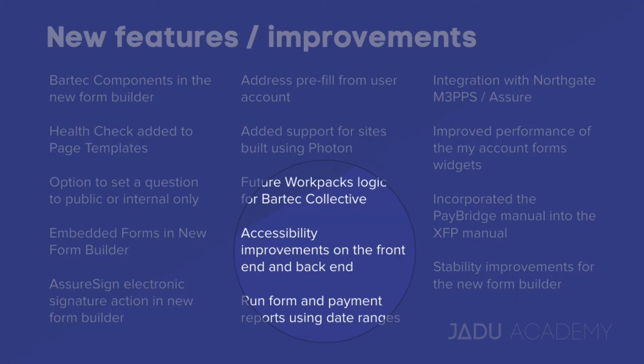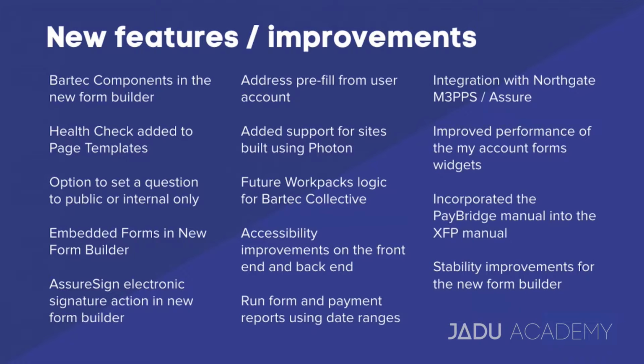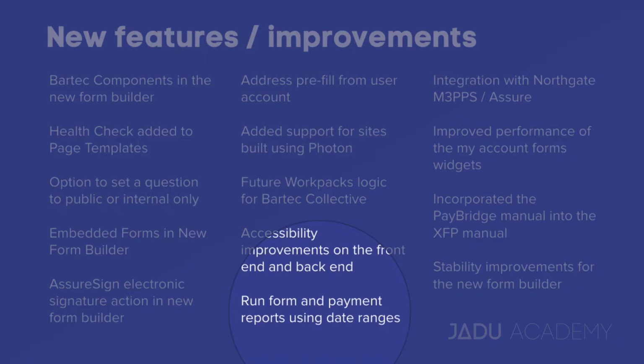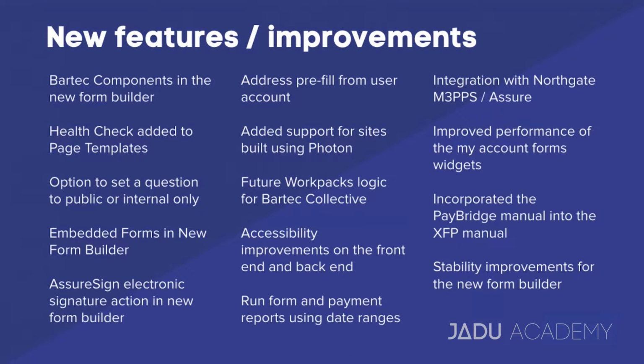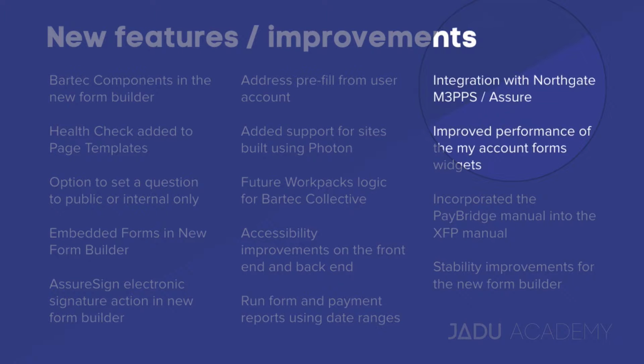Some accessibility improvements on both the front end and the back end. Probably the second most requested thing, after we removed it in error, was the ability to use date ranges in reports. That has been restored for forms and payment reports. We've also added in the ability to query Northgate maps and assure assets.